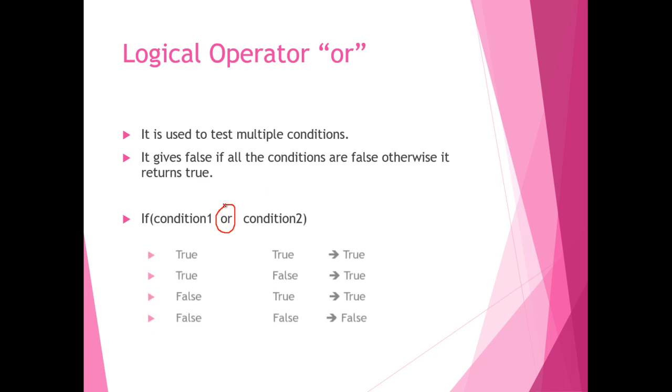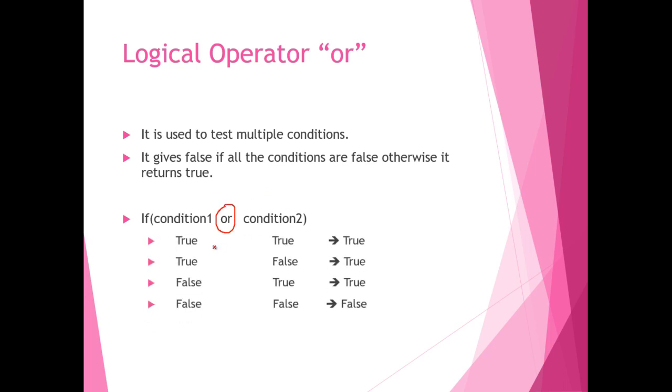Now you can see in this table, when both conditions are true, you get true. If the first condition is true, you get true. If the second condition is true, you also get true. It means that even if a single condition is true among multiple conditions, in case of OR you get the result as true.